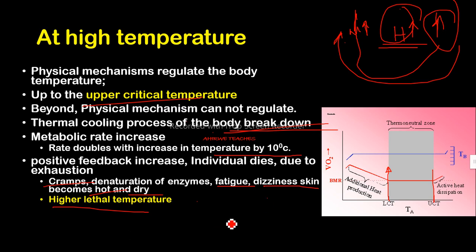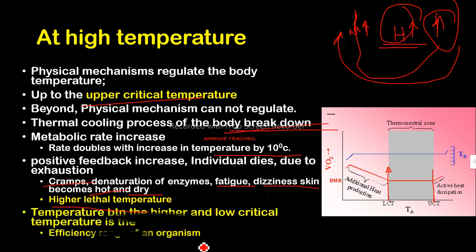Okay? So the temperature between the lower critical, this one, and the upper critical temperature, this one, is known as the efficient range of an organism. That's where the organism actually lives best. That's the temperature range an organism needs.